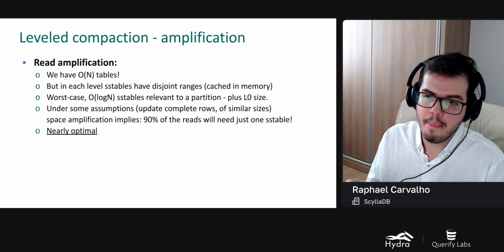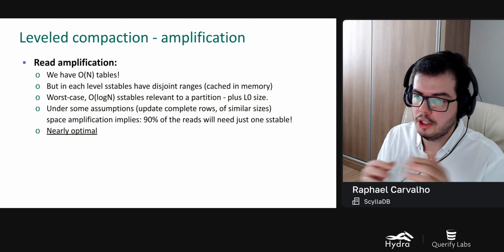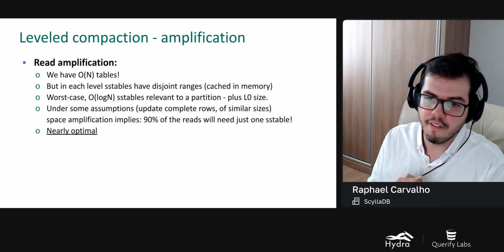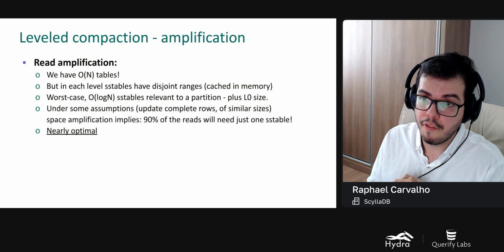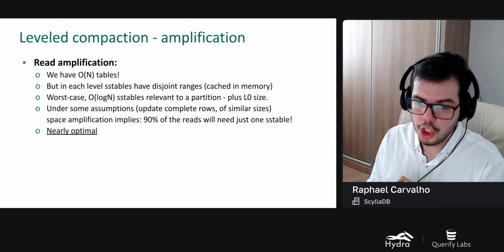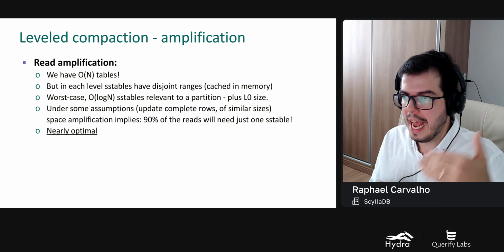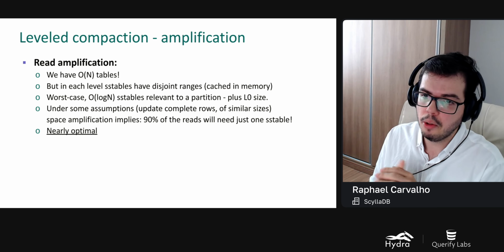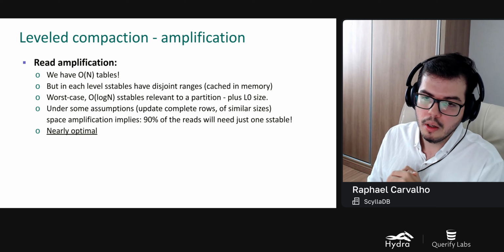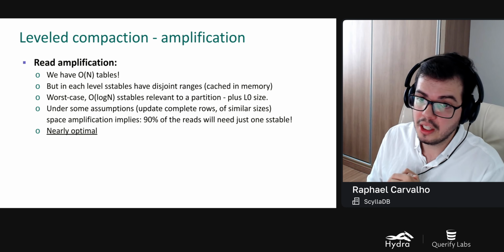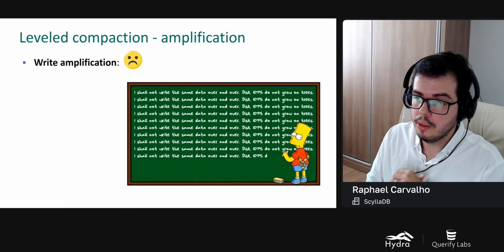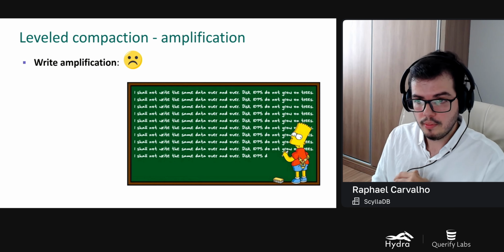For the worst case, when updating a large partition, all levels could have a row for the partition. So we are actually going to read from all the levels, but the number of levels is also small because we use the fan out of 10. So the fan out of 10 is good for the read and space amplification.